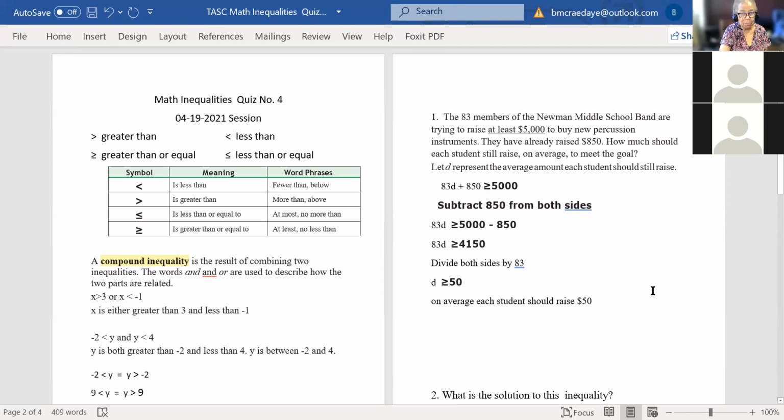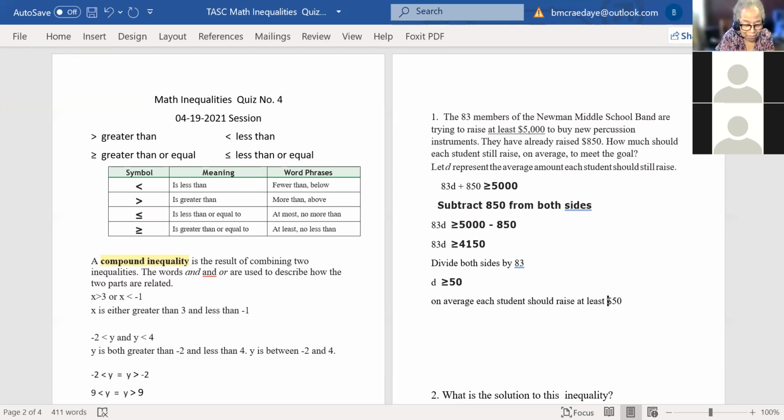Each student that's a band member should raise at least $50. They can raise more, but they have to raise at least $50.